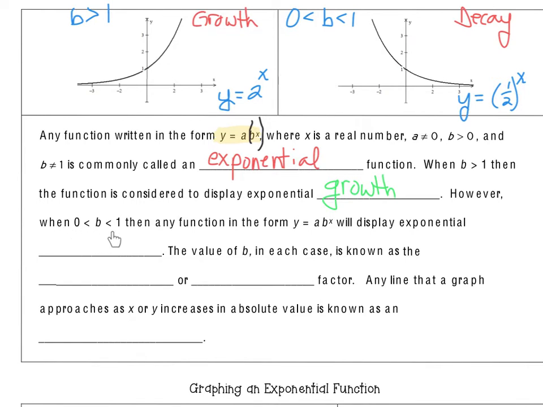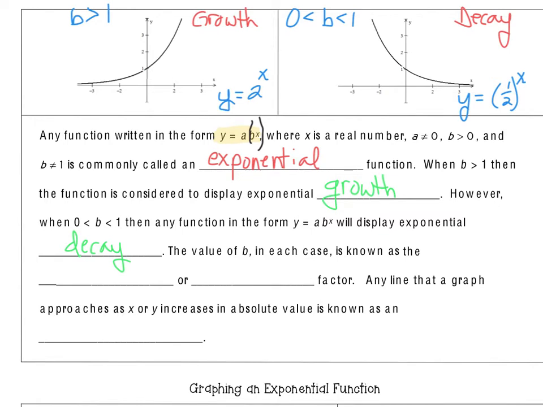However, when b is between 0 and 1, then we will have exponential decay. And so the value of b in each case is known as the growth or decay factor.